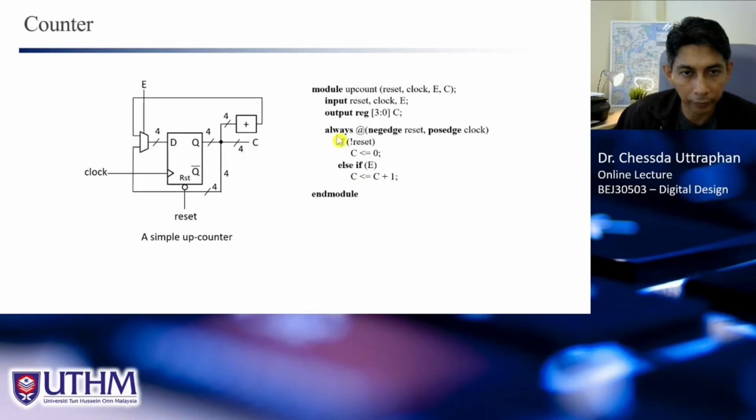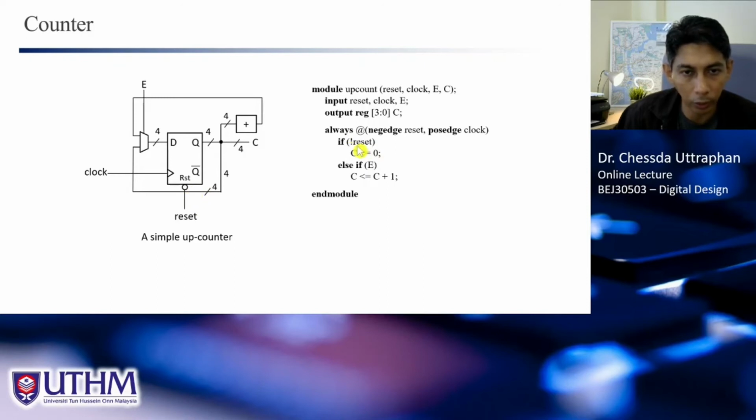So we have an always block at the positive edge of the clock, or the negative edge of reset, because this one is an active low reset. So if reset equal to 0, the output of the counter is equal to 0.